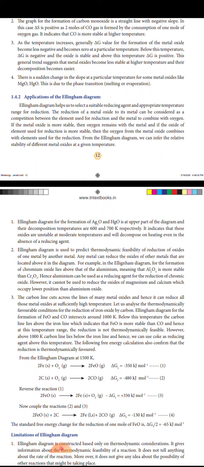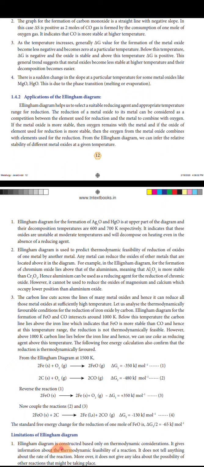If the metal oxide is more stable, then oxygen remains with the metal, and if the oxide of the element used for the reduction is more stable, then the oxygen from the metal oxide combines with the element used for the reduction. From the Ellingham diagram, we can infer the relative stability of different metal oxides at a given temperature.